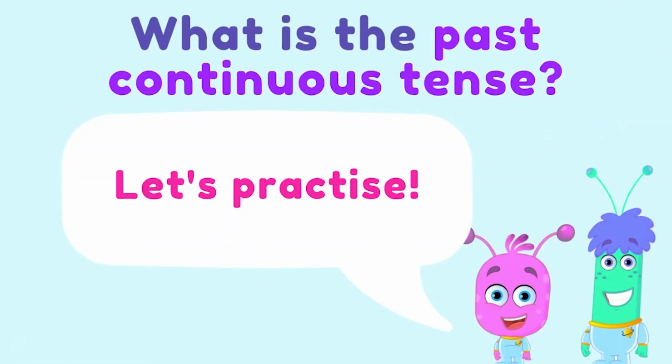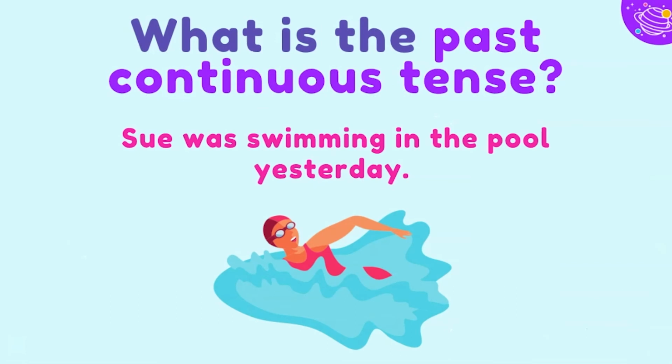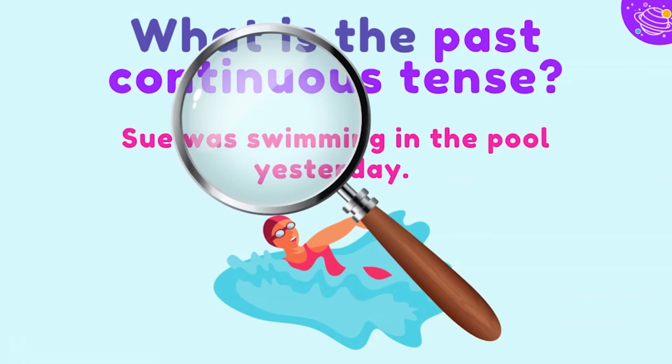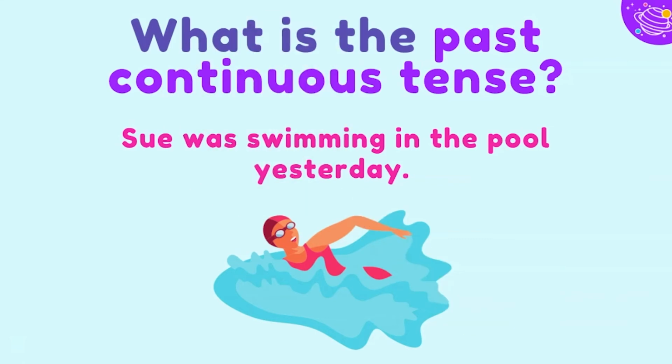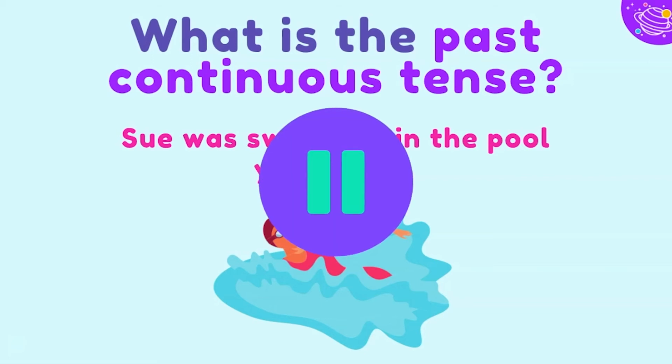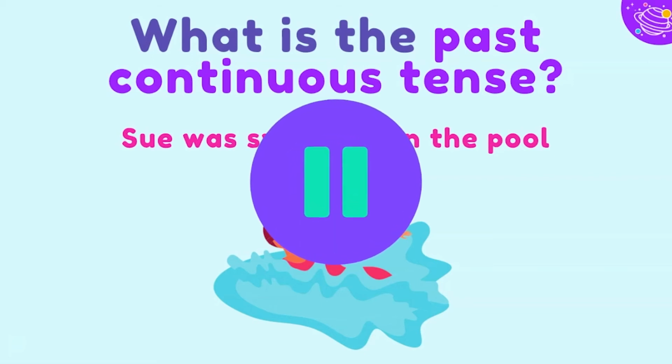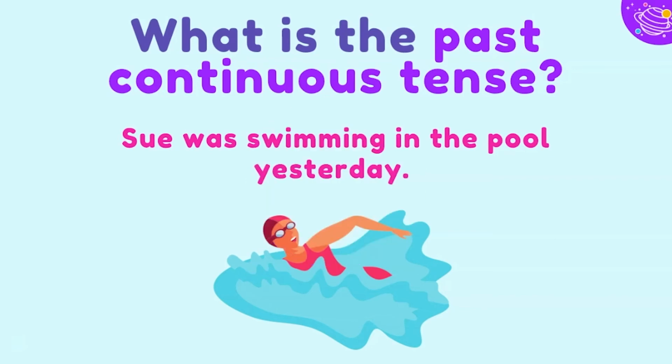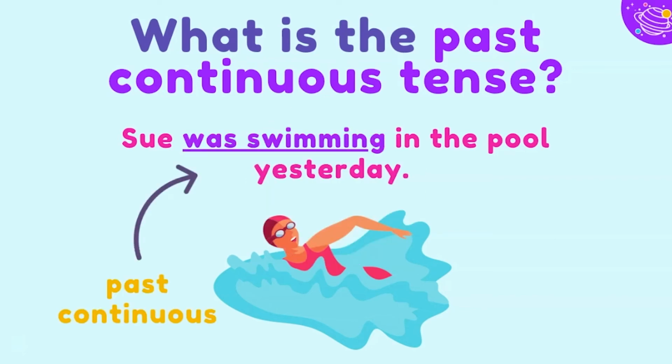Let's practice. Sue was swimming in the pool yesterday. Can you find the past continuous tense verbs? Pause to think or keep watching for the answer. So the past continuous verbs are was swimming.